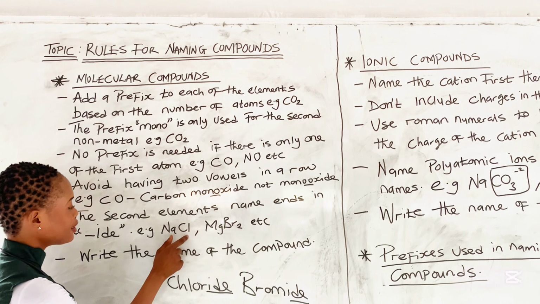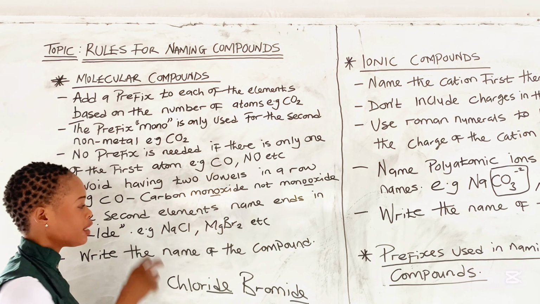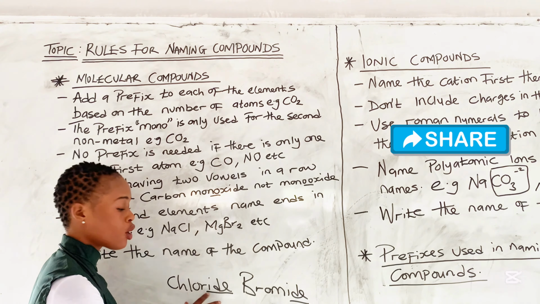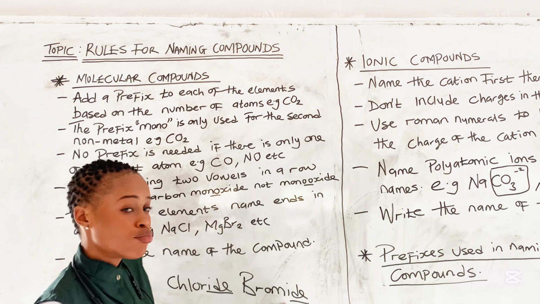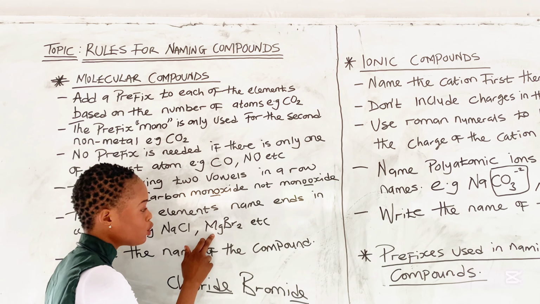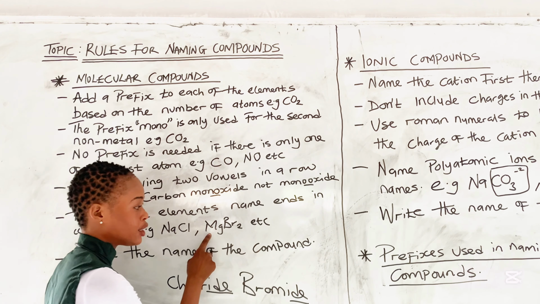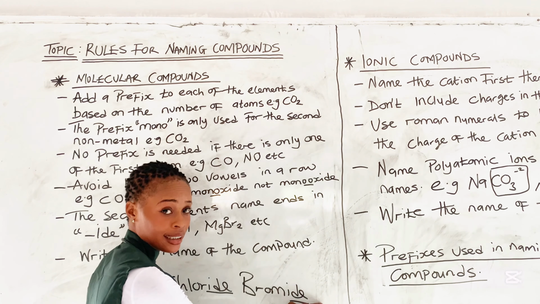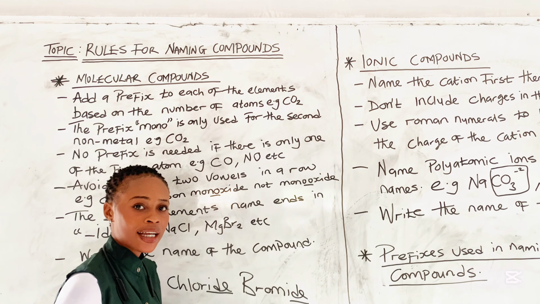So the last element in that compound, the name must change to IDE. So sodium chloride. We also have bromide from MgBr. It becomes magnesium bromide, not magnesium bromine. It becomes magnesium bromide, IDE. So please take note of that.